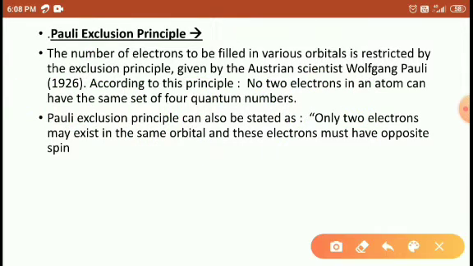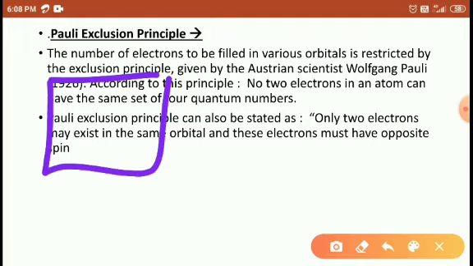So he stated that in an orbital, electrons occupy with opposite spin.